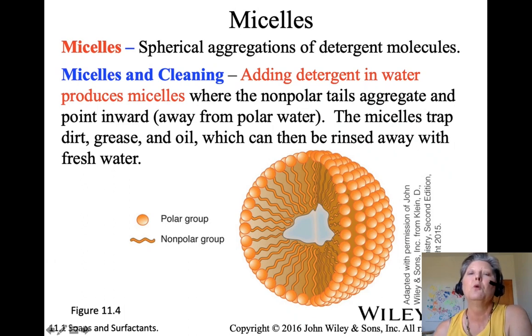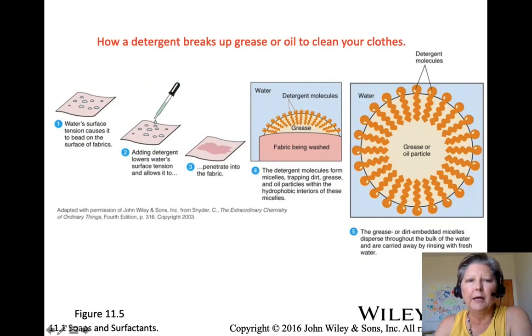And detergents work by the same principle. Detergents in water produce micelles, nonpolar tails aggregating inward and polar out towards the water, and they break up junk on our clothing like dirt and oil.